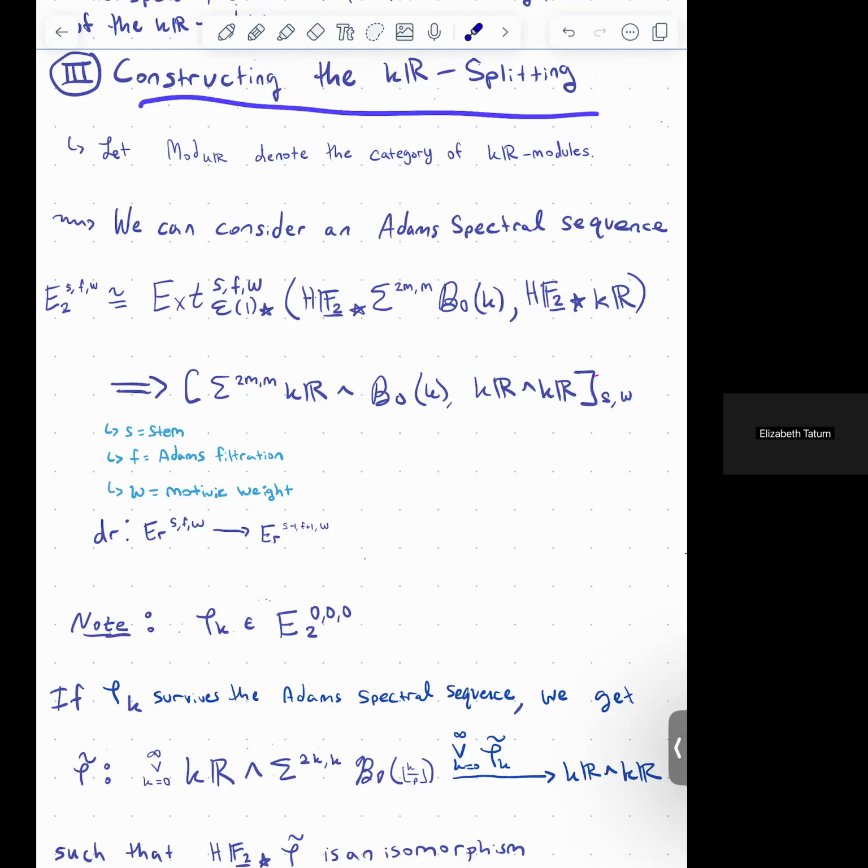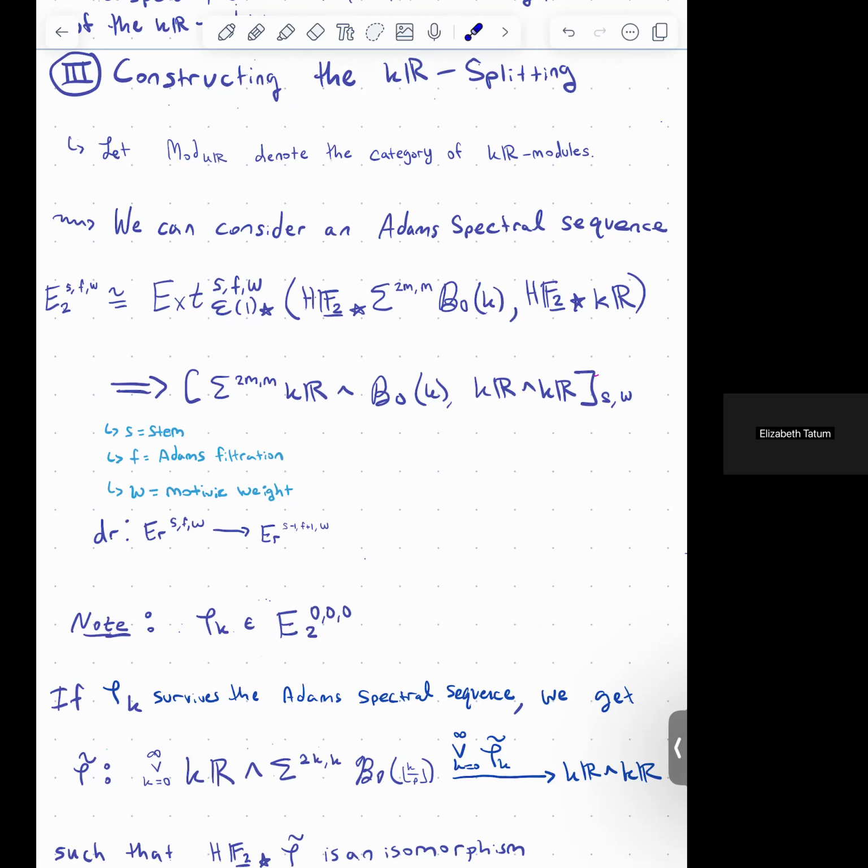So constructing the splitting. We'll let modules over KR denote the category of KR modules. And in this category, we can consider an atom spectral sequence, exactly analogous to the one we considered in the KU module category. So now we're looking at the E1 star, which I've written slightly differently to show that it's the equivariant analog of E1.